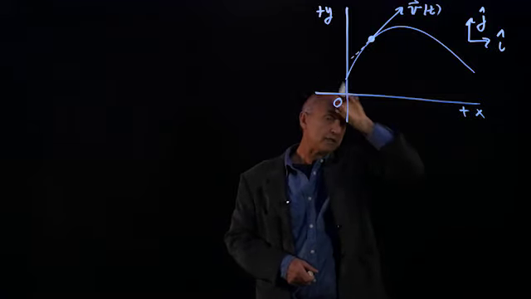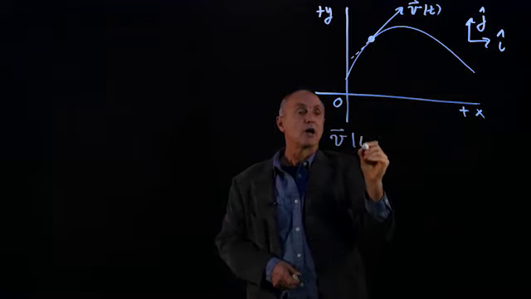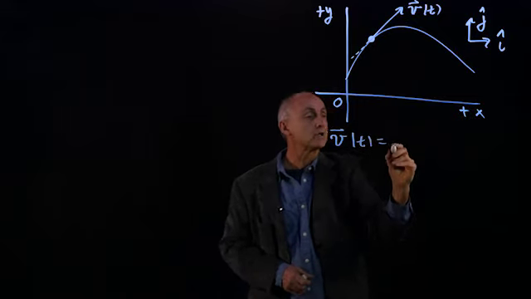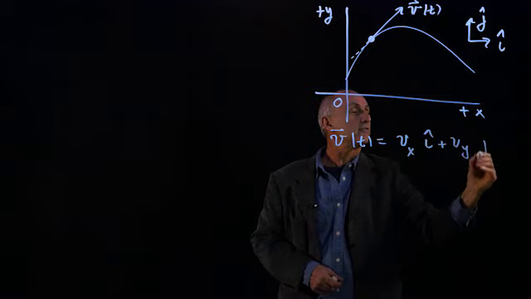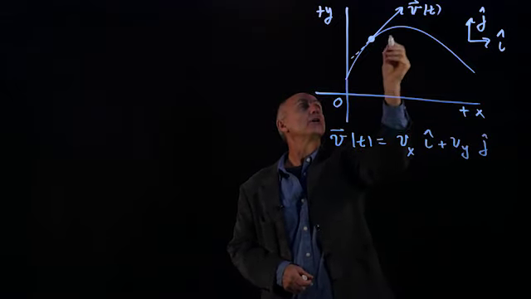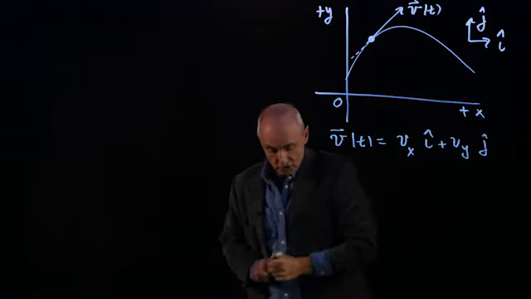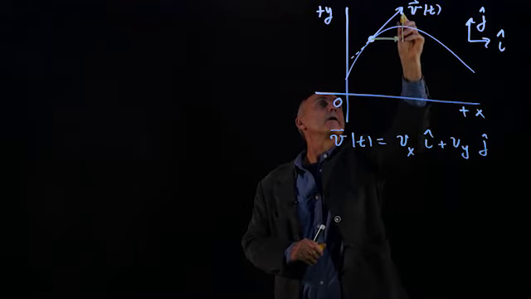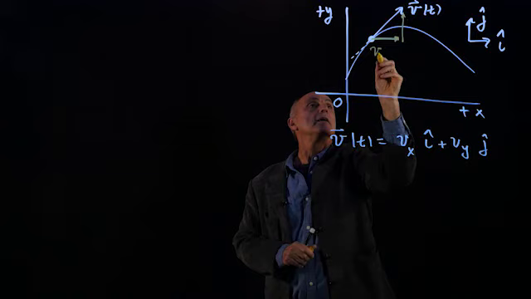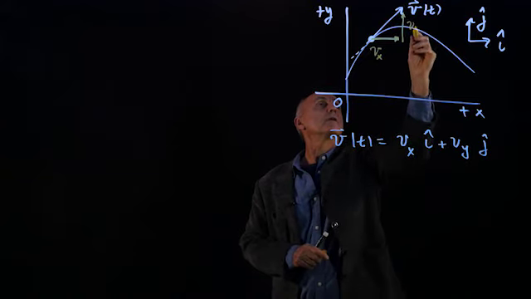And now we've described its 2 components, vx and vy, as a vector. So if we did vector decomposition, we would write a vector like this and a vector like that. This is the x component.